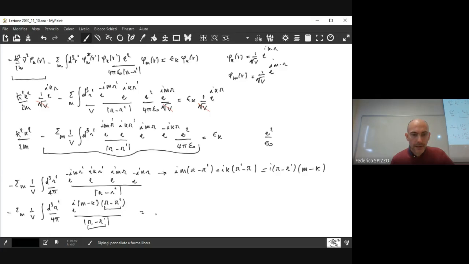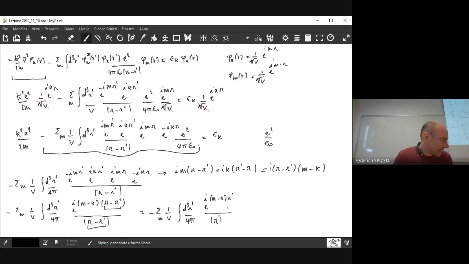So what we have here at the end is minus a summation over m of 1 divided by V, d3 r prime divided by 4 pi, e to the I m minus k r prime, divided by the modulus of r prime.